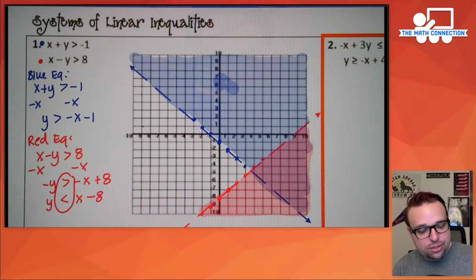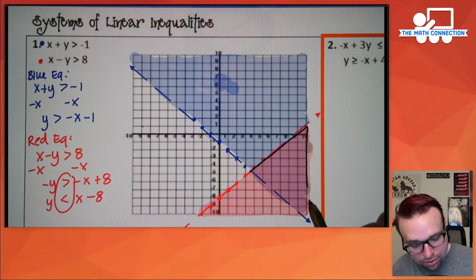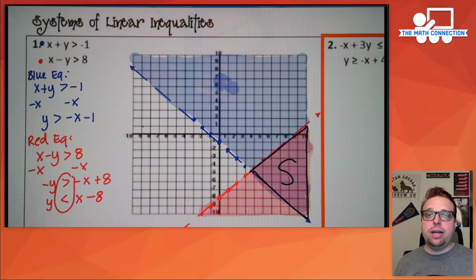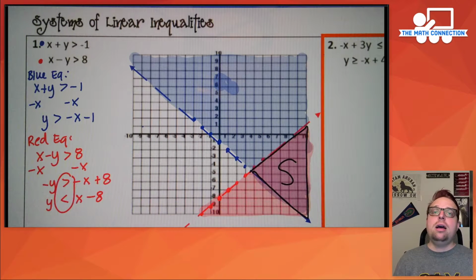The two regions intersect here. Everything in this little section right here, or if I were to blow this graph up and make it bigger, everything where those shadings intersect each other is the solution to this linear inequality.